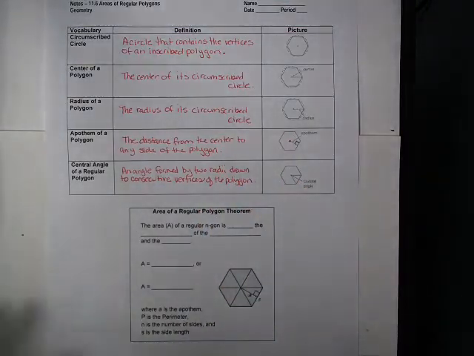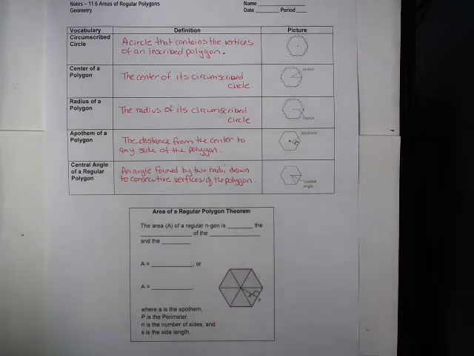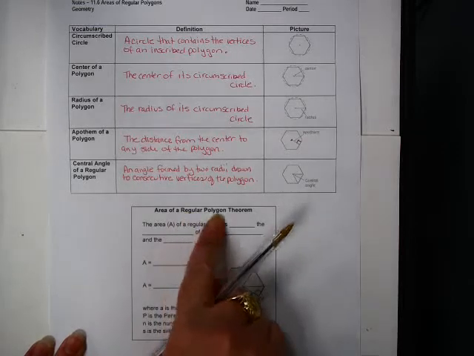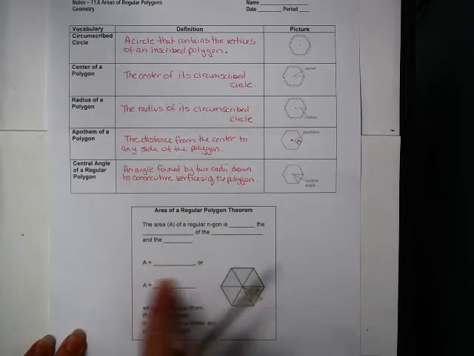Now, to find the area of this shape here, we don't have a formula that's unique to this shape, as if we had one for square, triangle, rectangle, or circle. So for all regular polygons, no matter how many sides it has, it's always going to be this one basic formula.